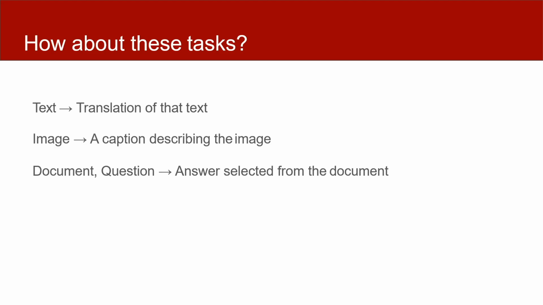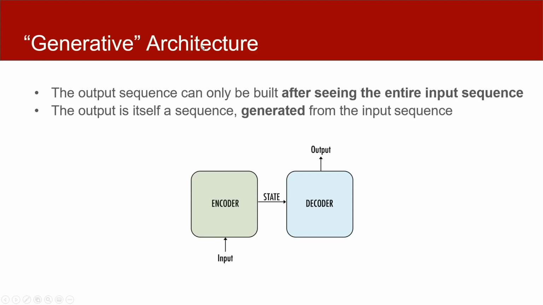In these cases, we need a generative architecture, which is composed of two parts, an encoder and a decoder. For the encoder, we run through the entire input, and we generate a hidden state, and we pass this to the decoder and let the decoder generate the outputs one at a time.